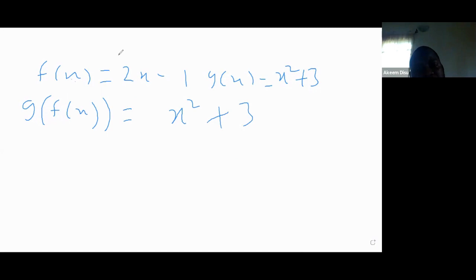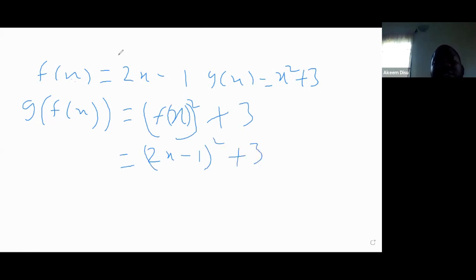But this x will be replaced completely by f of x. Now with f of x all squared, and the function of f of x is 2x minus 1, all squared plus 3.